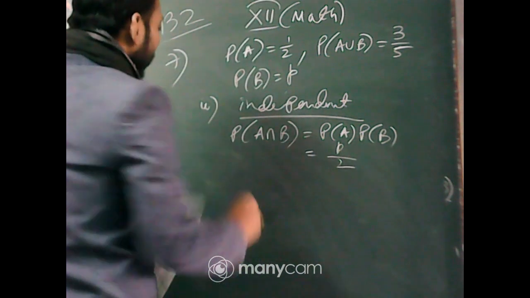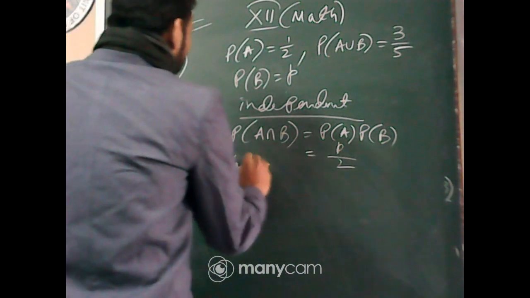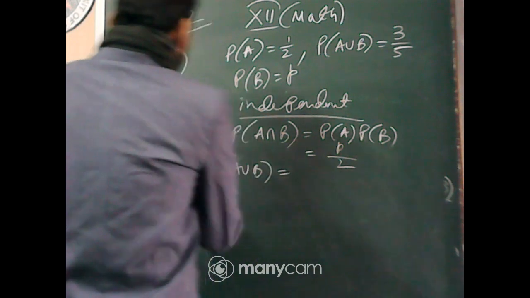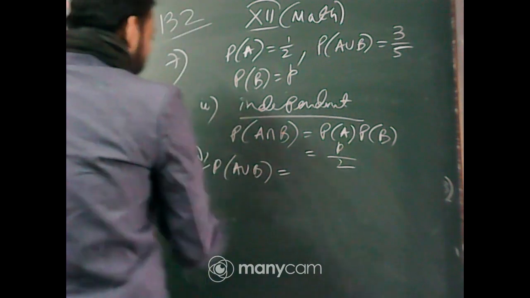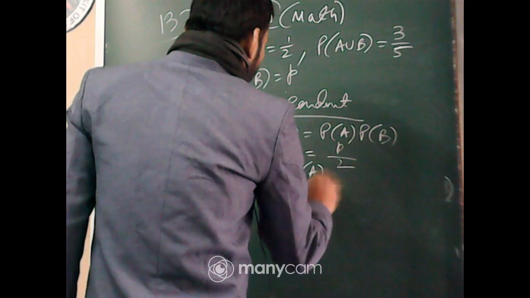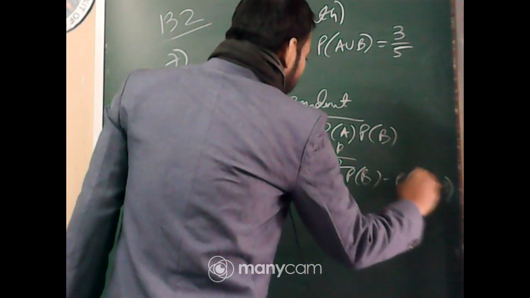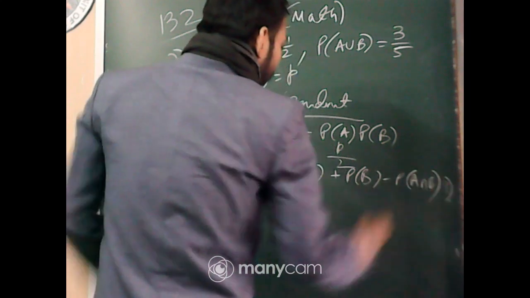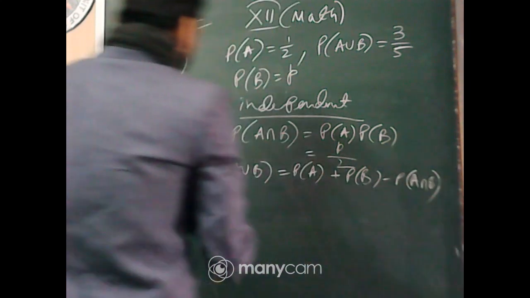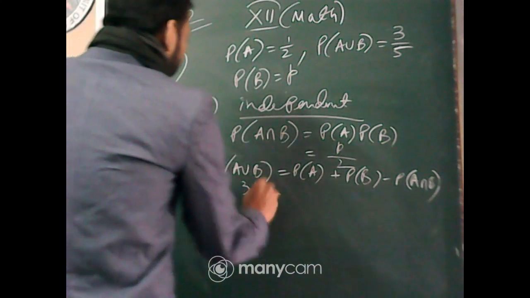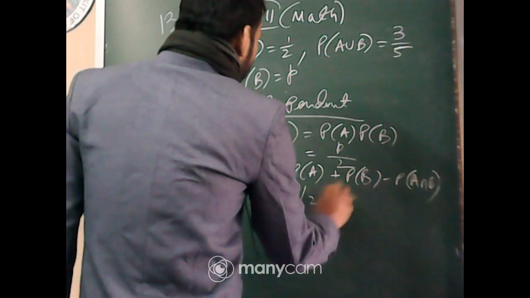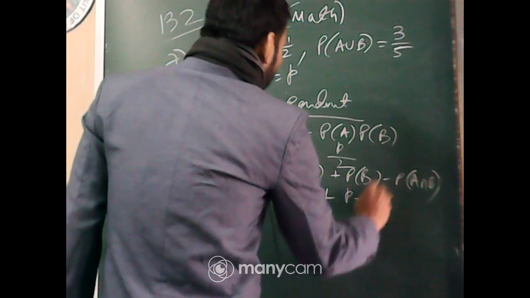Now use the formula. P of A union B equals P of A plus P of B minus P of A intersection B. So 3 by 5 equals 1 by 2 plus P minus P by 2.